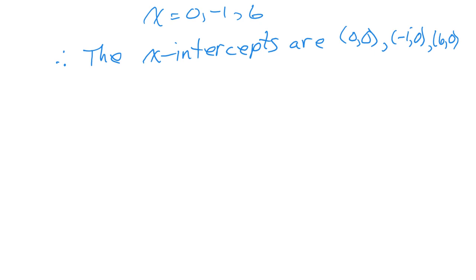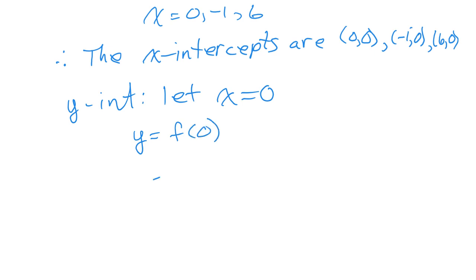For the y-intercept, we have to actually let x equal 0 in that original equation. So we're going to say let y equal f of 0. Okay, and when we do that, we just substitute into that function. So the right side of the equation is just written down.